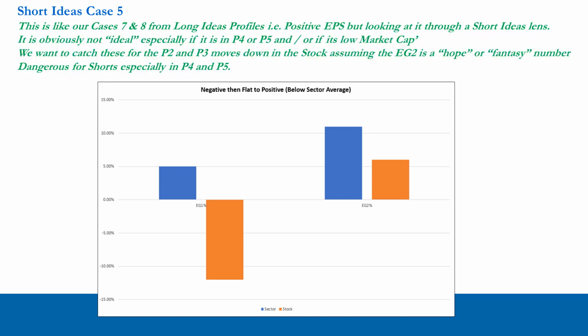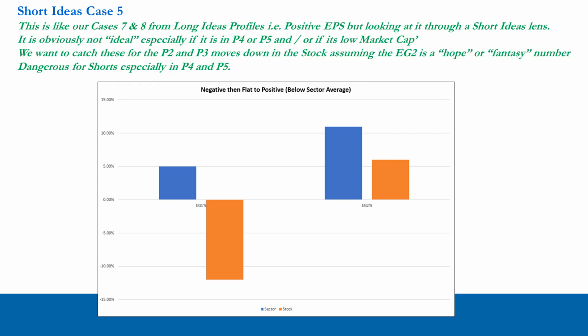So it is very dangerous to be shorting this type of earnings growth profile when it's in phase 4 or phase 5. We want to be catching this type of earnings growth profile in phase 2 and phase 3 moves down, assuming that the EPS number, the earnings growth number in period 2, is somewhat of a hope or fantasy number.